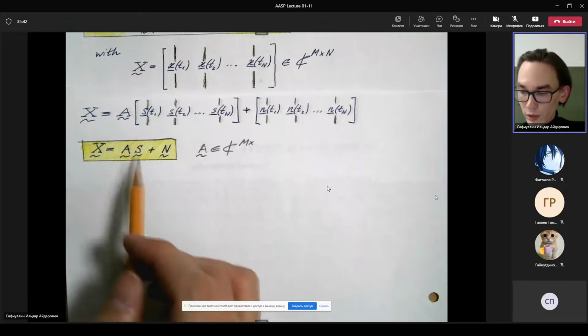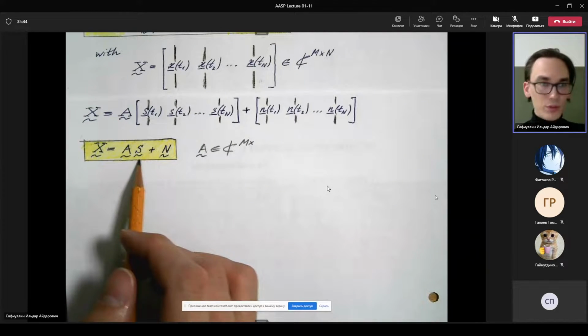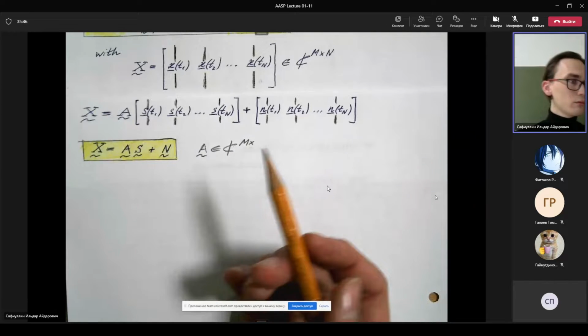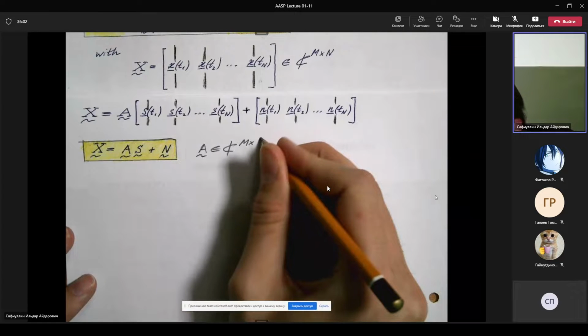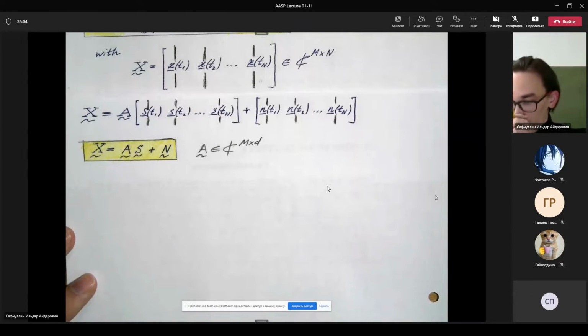So you need to think about this matrix S. It is the signal from our sources. And what is the number of sources in this case? Yes, with small d. So A is M times d.